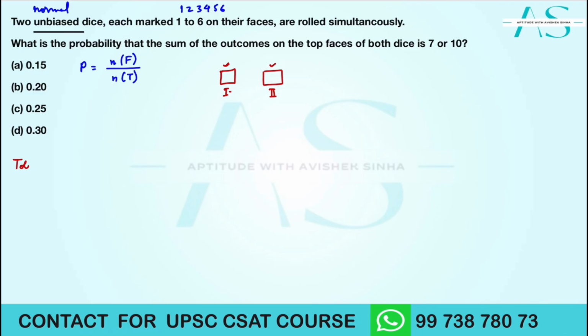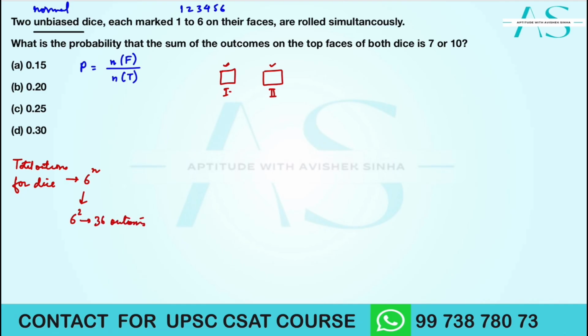Total outcomes for dice which has 6 faces is always 6 to the power n, where n indicates the number of times you throw a dice. So 2 times it means 36 total outcomes are possible.